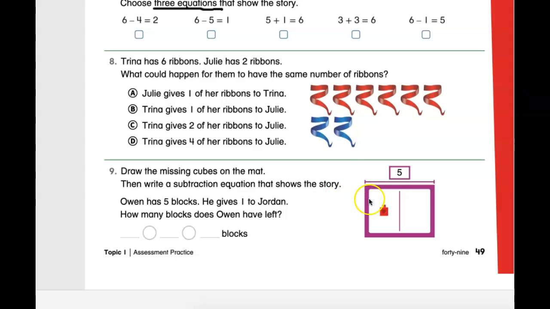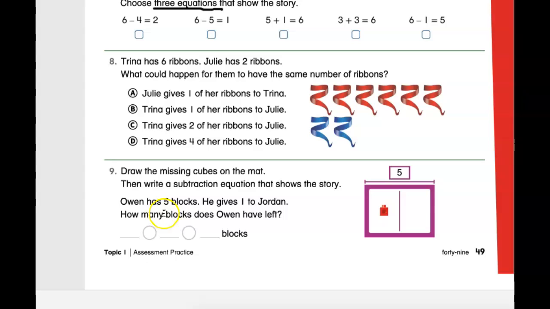So you could draw the missing cubes on the mat. So it has 1 here already. And it tells us that we have 5 total. So you would need to draw the missing cubes on the mat, and then it wants you to write the equation, the subtraction equation for the story.